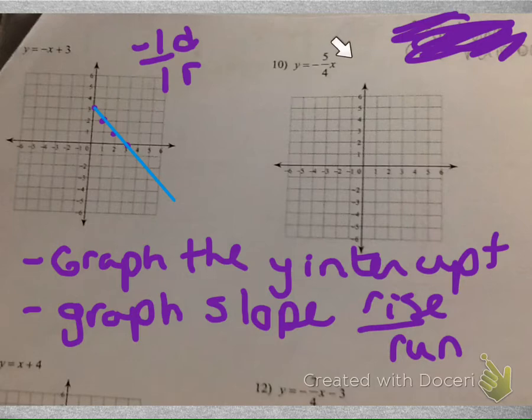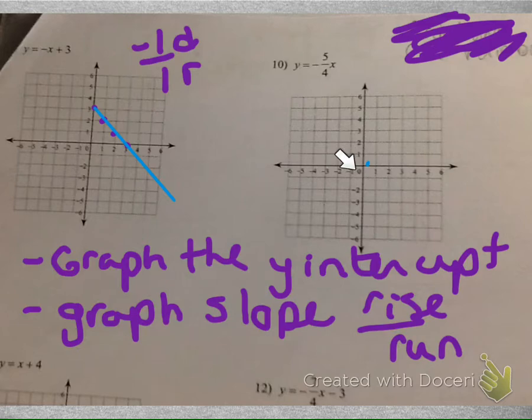Now I'm on number 10. There is no y-intercept here. It says graph the y-intercept first. So that means you're going to start at 0, 0. Put a point at 0, 0. That's your y-intercept. Now this tells me -5 over 4. That means I'm going to go a rise of down 5, and run over 4.